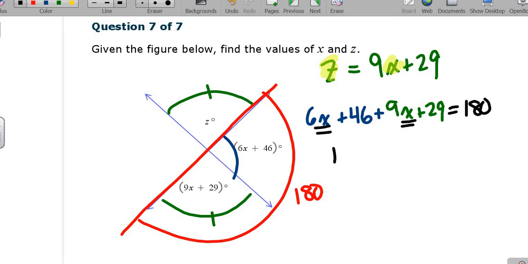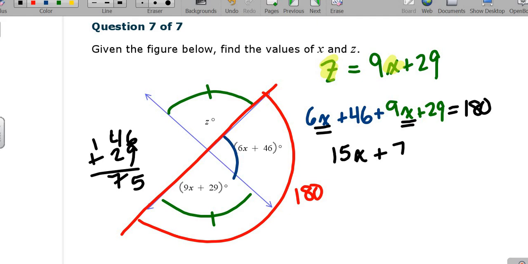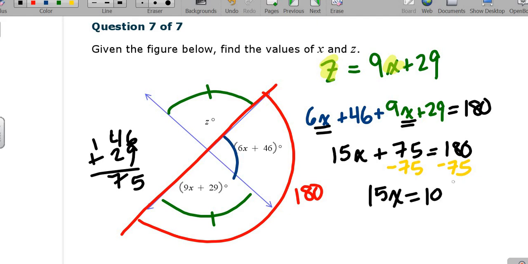Collect like terms. Solve. X goes into 15 9 times.